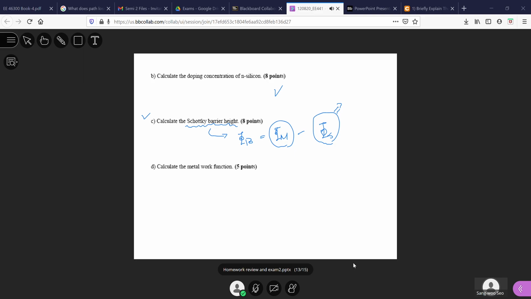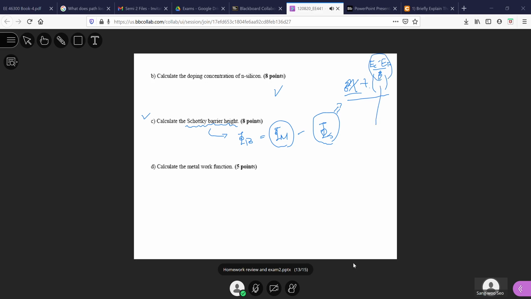Okay. And then the semiconductor work function, we can calculate, as you know, this one is related with Q electron affinity, okay, and then plus the potential difference between EC minus EF. That gives us the semiconductor work function, okay, and then we can calculate in here.